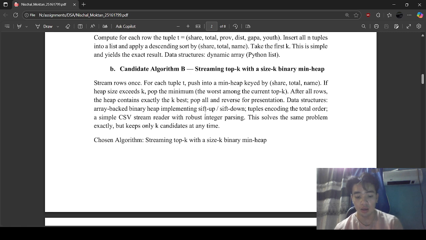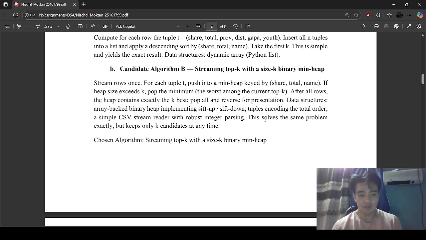Whereas algorithm B just streams rows and pushes each candidate into a min heap keyed by the same ranking. If the heap grows beyond k, pop the minimum, which is the worst among the current top k. In the end, the heap holds exactly the k best.